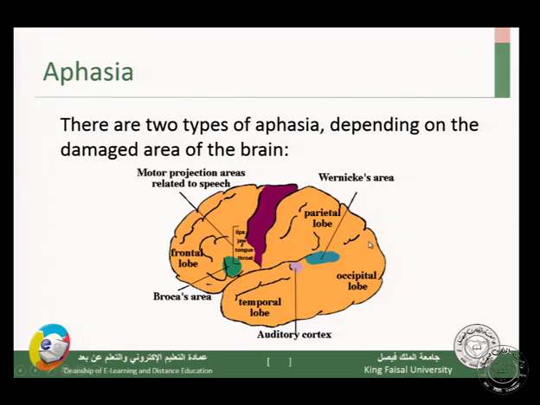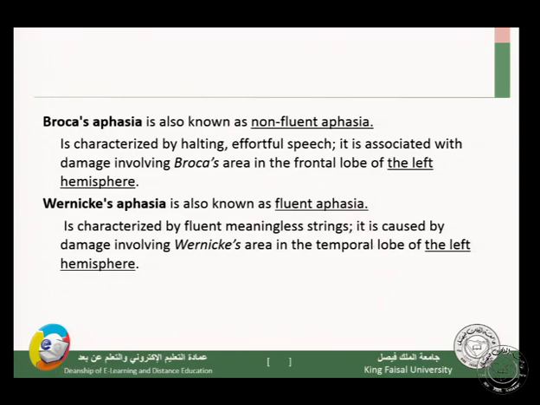Okay. Now let's look at the definition of these two kinds of aphasia, Broca's and Wernicke's. Broca's aphasia is known as non-fluent aphasia. Why is it called non-fluent? Because people have a problem with production.